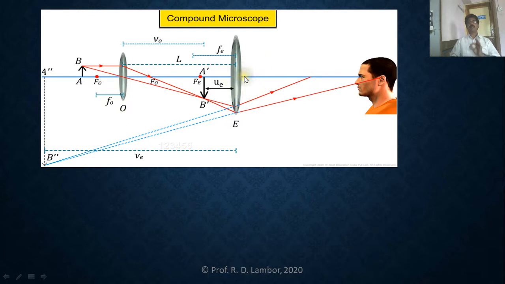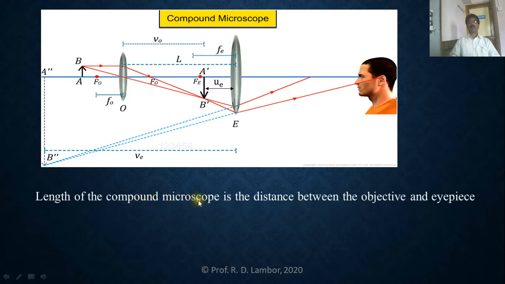So in this compound microscope, the length of compound microscope is the distance between objective lens and eyepiece. See here, length of compound microscope is the distance between the objective and eyepiece, and here we can write VO is the image distance for objective and UE is the object distance for eyepiece.